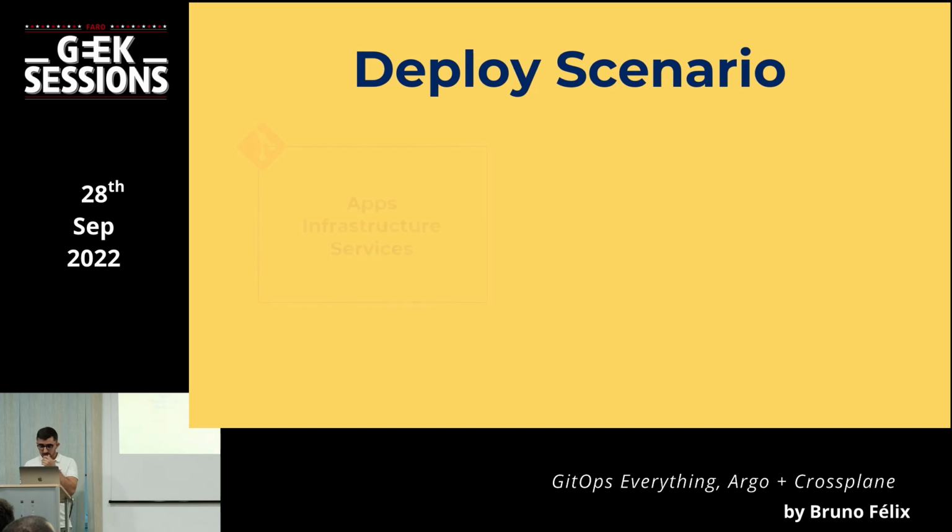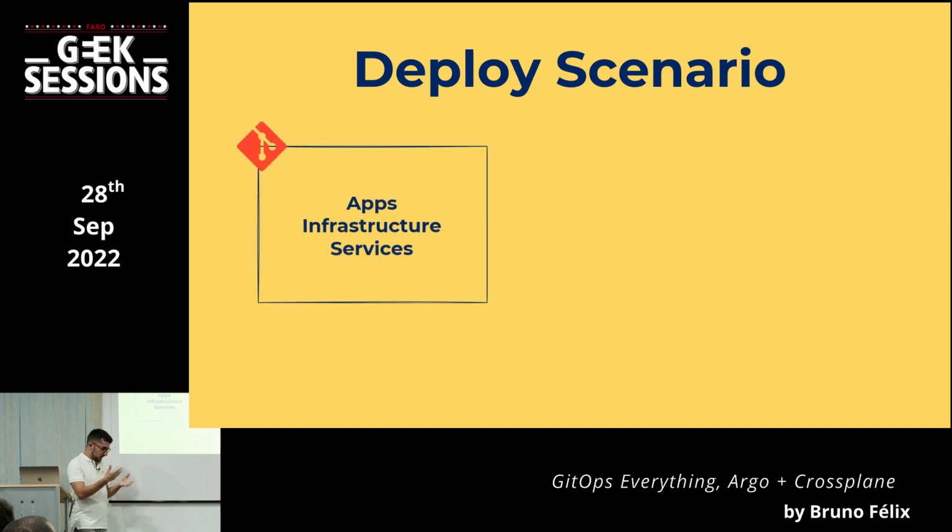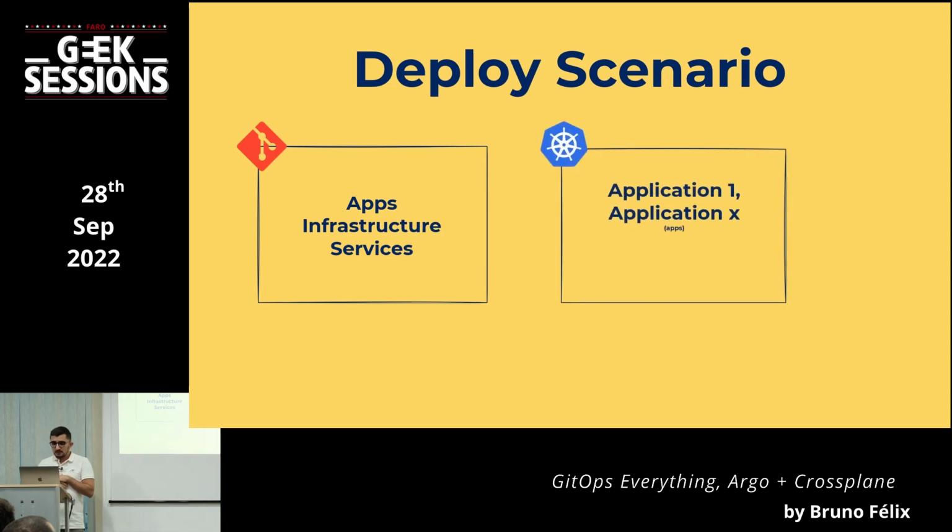So the deploy scenario, we'll see, will be this. This scenario will have a repo that will contain the manifests or the code for our applications, our infrastructure, and our services, and we'll have a Kubernetes cluster that will have the CRDs that I talked about before for our infrastructure, our applications, and even our database.